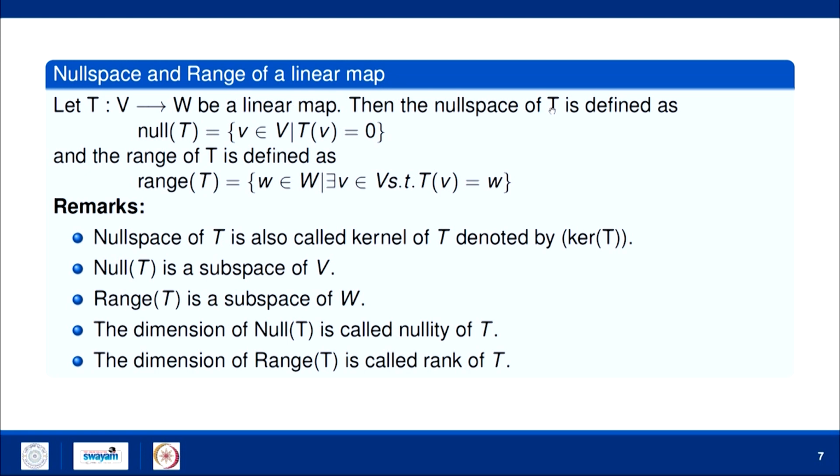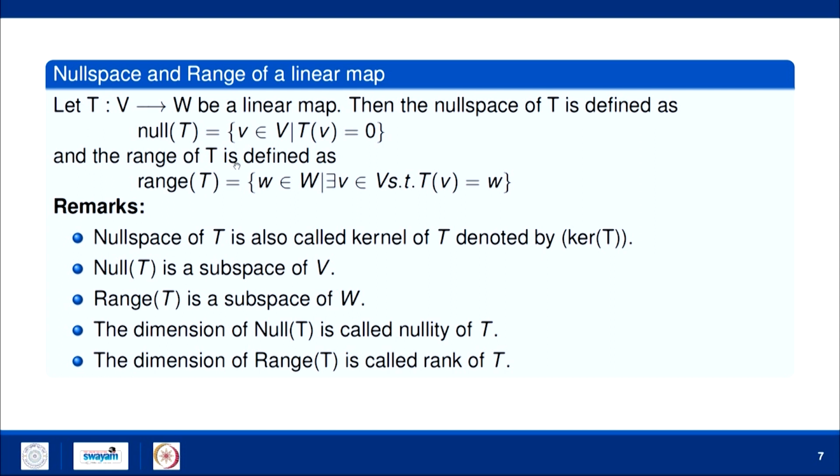Then the null space of T is defined as all vectors v belonging to the vector space V such that the image of v under T is 0, that is, the 0 vector of W. So, all those vectors from V that are mapped to the 0 vector of W will come in the null space of T. Hence, you can check very easily that this null space of T is a subspace of V.